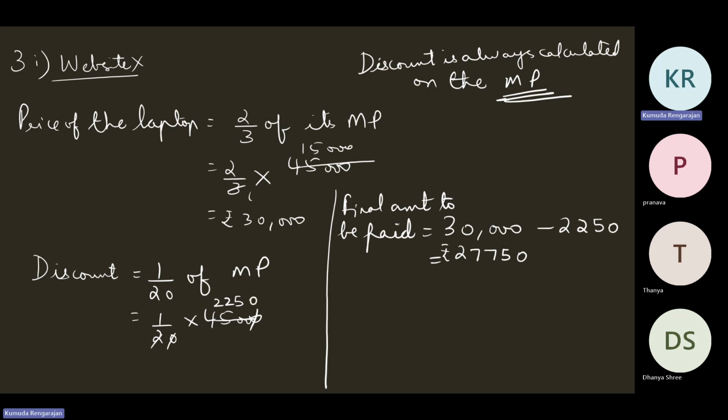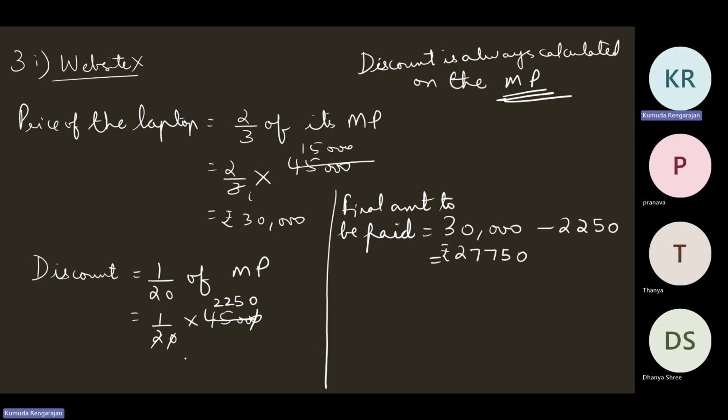You should see the question, it's given. The marked price is 45,000, but they're giving you the laptop at two-thirds of its marked price. So they're saying, okay, you can take it for 30,000. Not only that, they'll give you a further discount of 1 by 20 of the marked price. So 1 by 20 of 45,000 is 2,250.